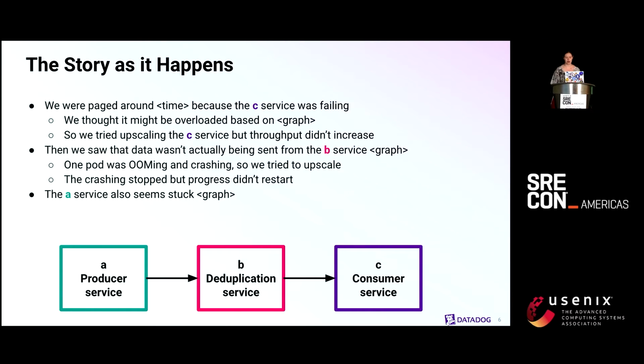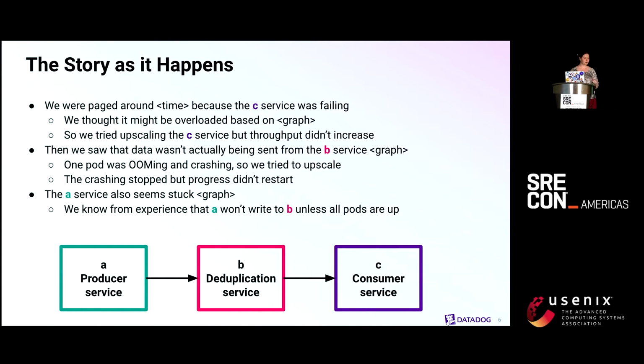We can show a graph that shows that. We can draw on that knowledge of our service and understand that maybe A doesn't write to B unless all of B's pods are up. And so we restarted A to get it to resend stuck messages, right? That could be a handoff that I might give in the middle of an incident or as I'm bringing on someone else to help me with the troubleshooting further.